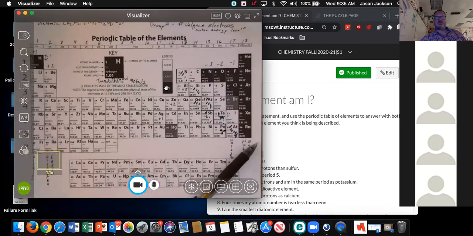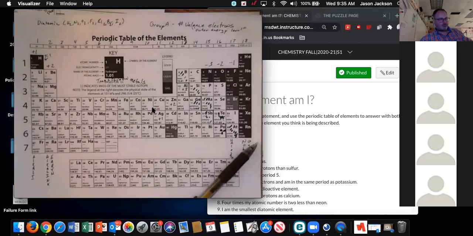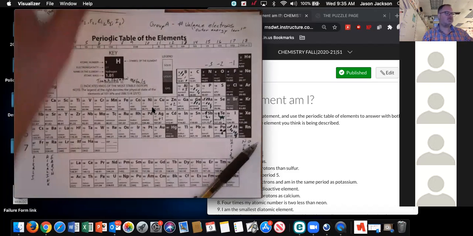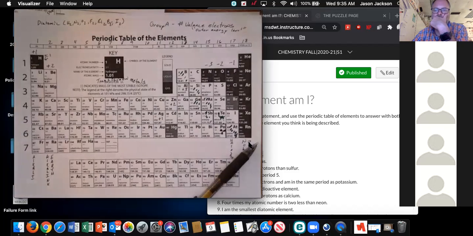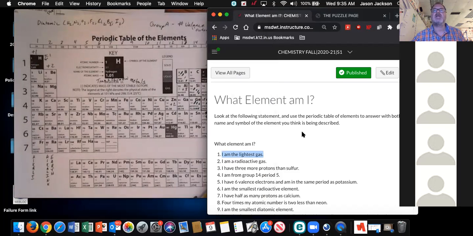You can type it in the chat or unmute and say it. Hydrogen. Who is the lightest gas? Is it hydrogen? A little louder. Hydrogen? It is hydrogen. Good. And Will's got it too. Hydrogen. This is a gas. It's 1.01. Keep in mind, it doesn't say the lightest noble gas or anything. It just says the lightest gas.